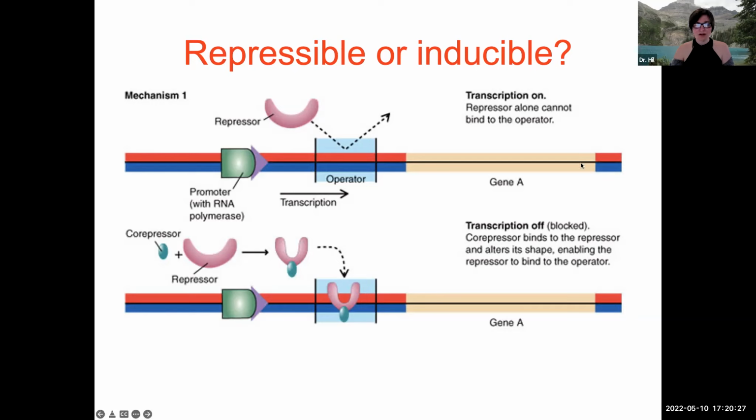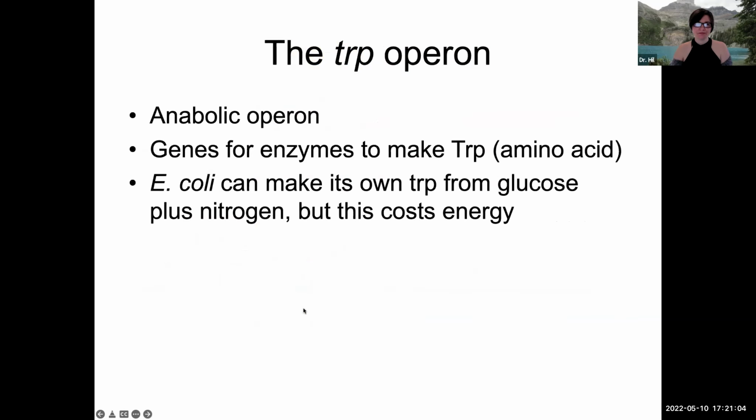If we want to turn this off, some kind of environmental cue has to come along and bind the repressor and coax it into doing its job and sitting in the operator. When that happens, transcription stops. The default situation is that transcription is happening. The environmental cue can turn transcription off. Is this repressible or inducible? Correct. And that is the definition of a repressible gene.